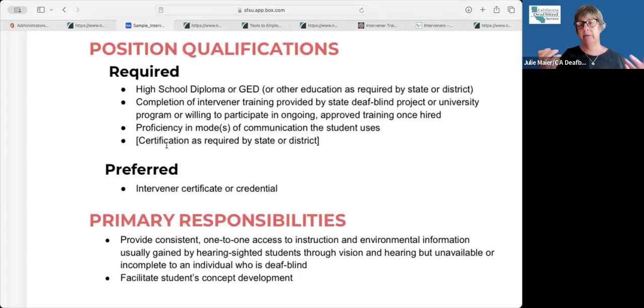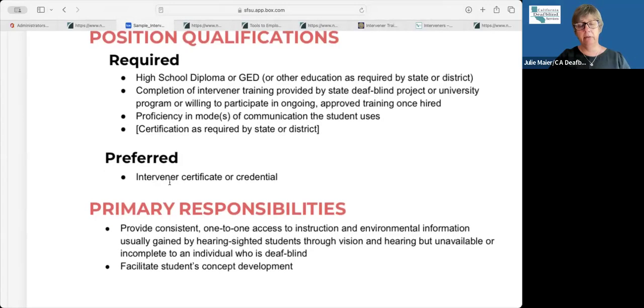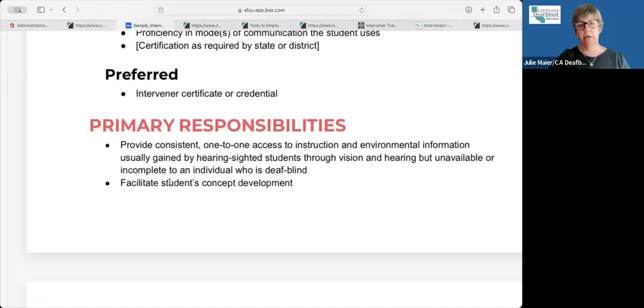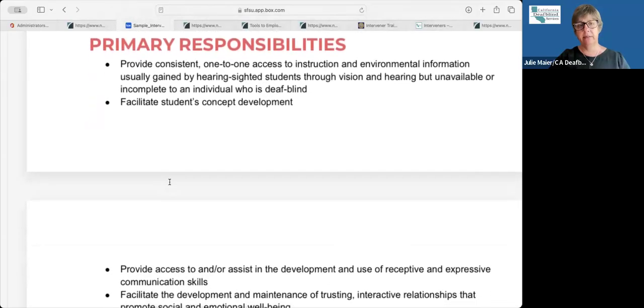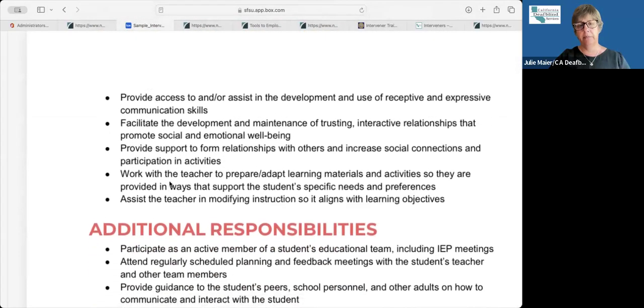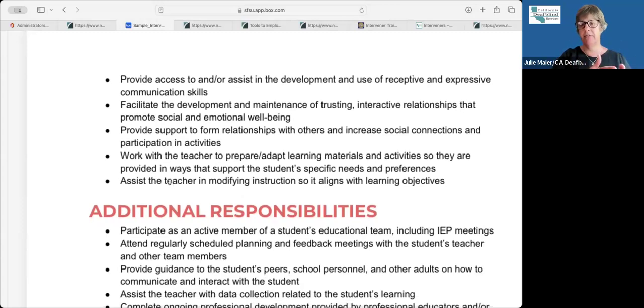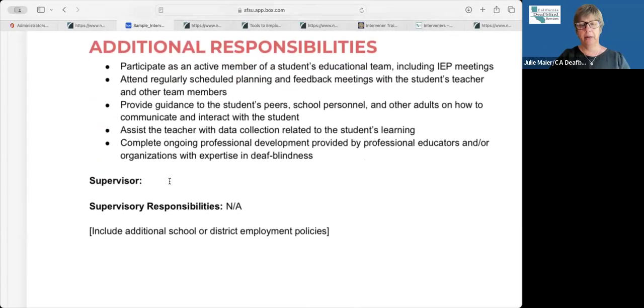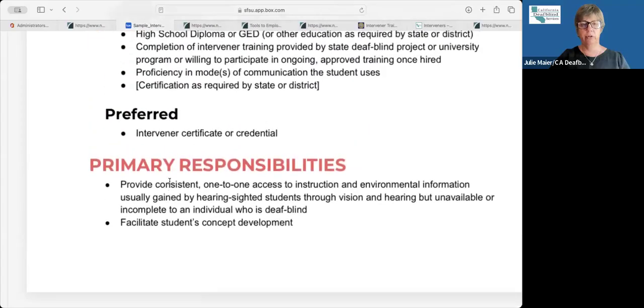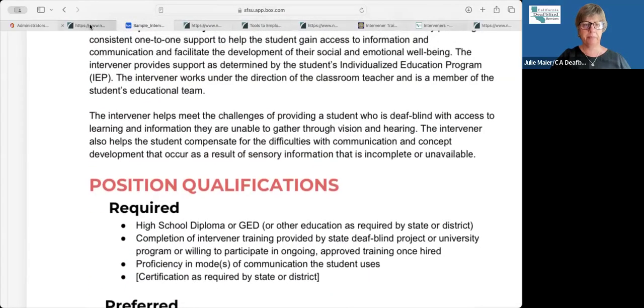But if there does develop later, that could be added. And then you could have preferred a certificate or credential of some kind. And then it lists the different responsibilities, which I think could be something that would offset it from what a typical paraeducator job description looks like. So that's another tool for you, which you have that link to.